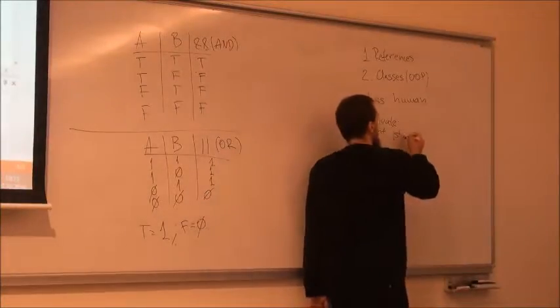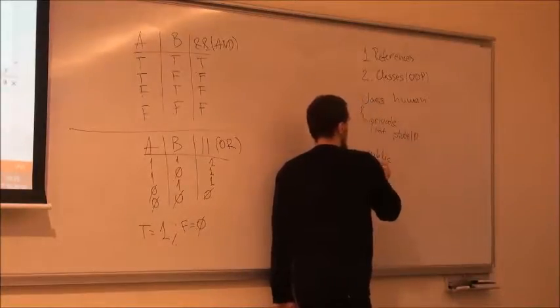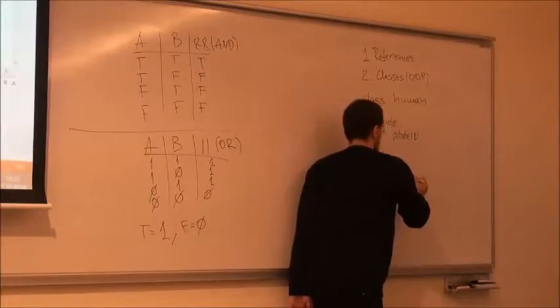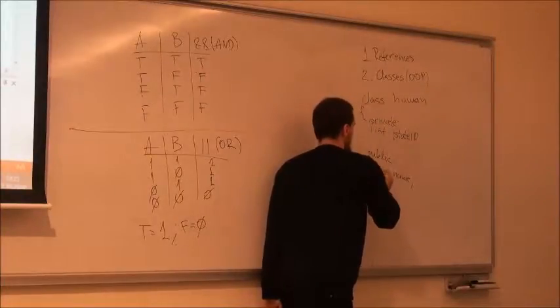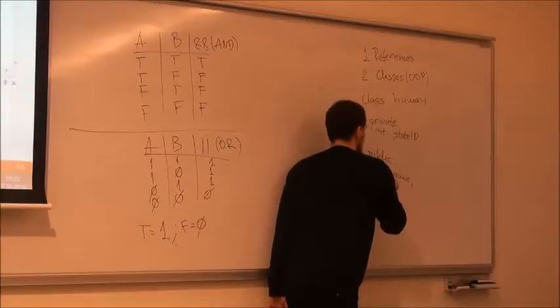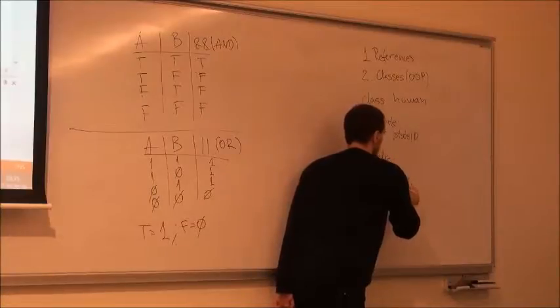So state ID, this is private. But public is the name. Or bool gender. Let me put it as a string also. Male or female.